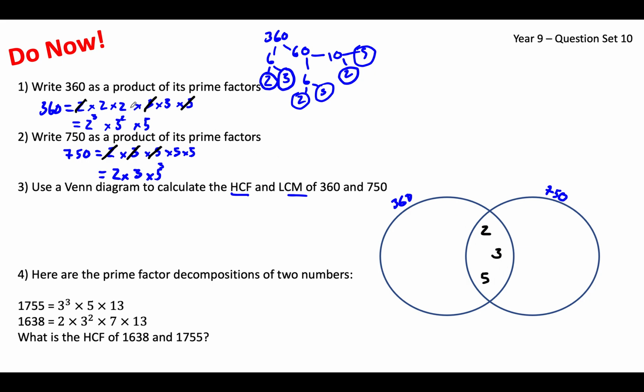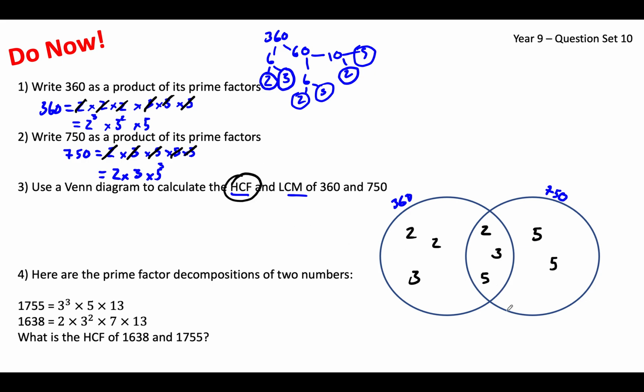And then I look at the rest of the factors for 360: there's a 2, another 2, and a 3. And then for the 750, there are just 2 5s left over, so 5 and another 5. Okay, so we've done the Venn diagram. Now I need to work out the HCF and LCM.